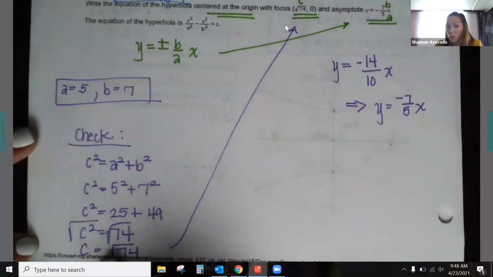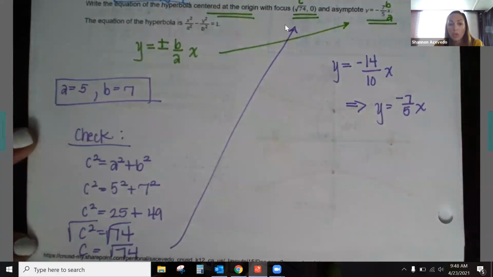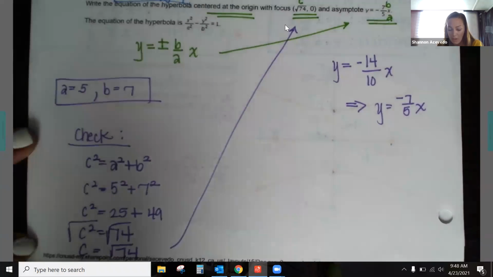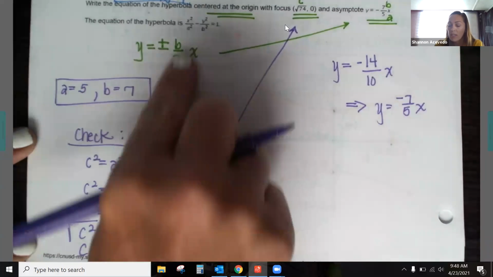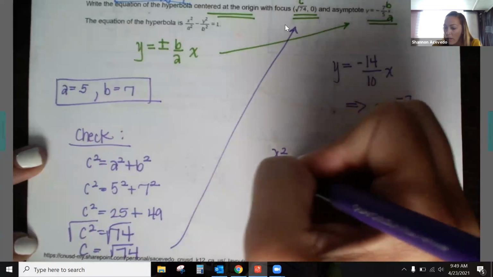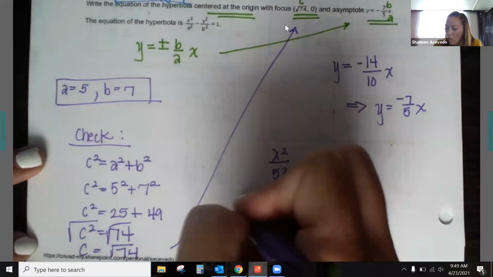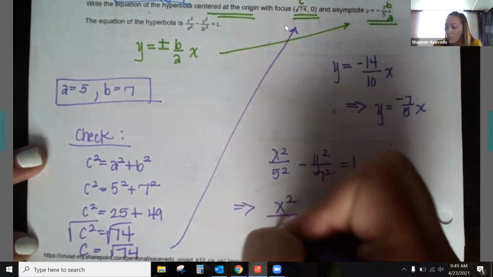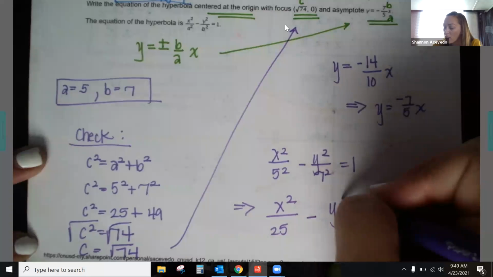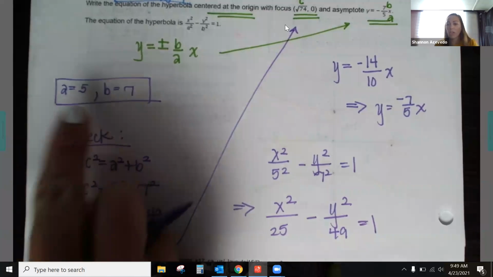If this was not true, then I might need to double these values, or I might need to triple them to find the actual values. So in this case, my answer is x squared over 5 squared minus y squared over 7 squared is equal to 1, or you could have it as x squared over 25 minus y squared over 49 is equal to 1. So that's what they were looking for here.